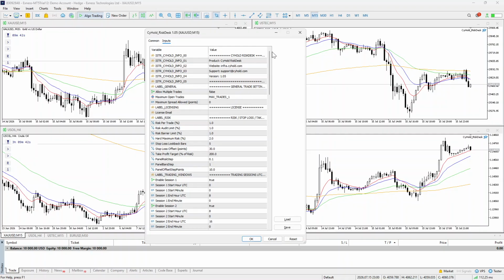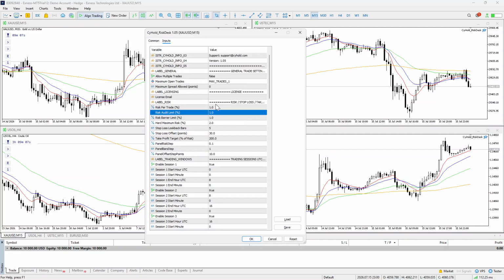When you pay on the website, you put your email, and here on license email, you put your email, and the system sees that you paid and recognizes it, and you can work on real accounts. So you put your email here to trade on real accounts. If it's to trade on demo, you don't need to put the email here.